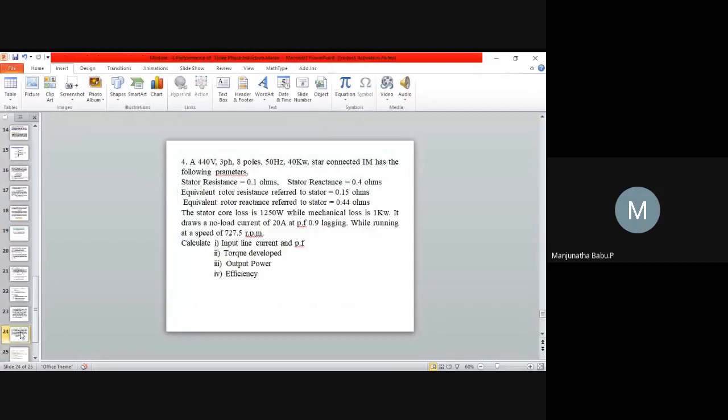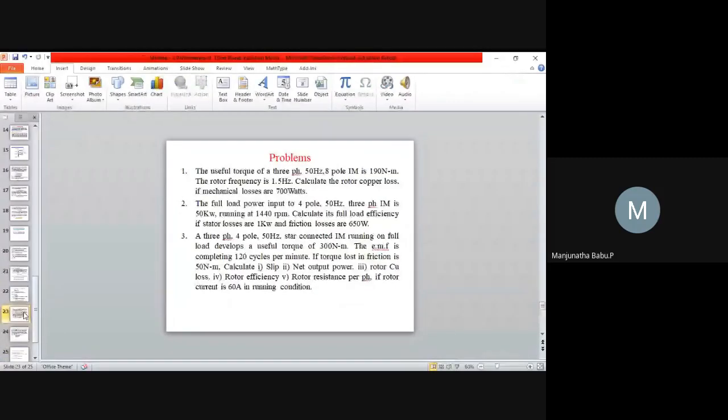So second numerical, the full load power input. Shall we go for the second numerical?